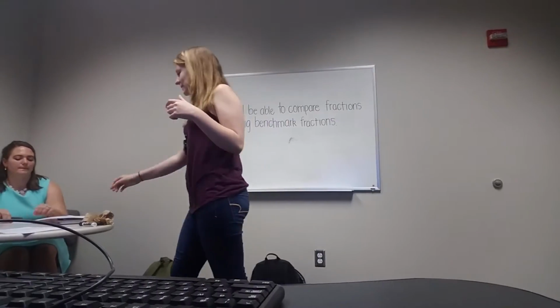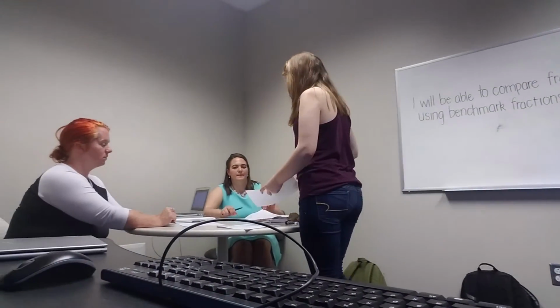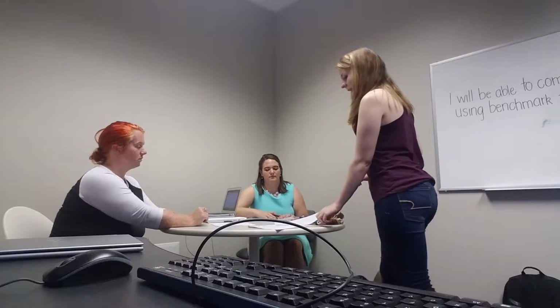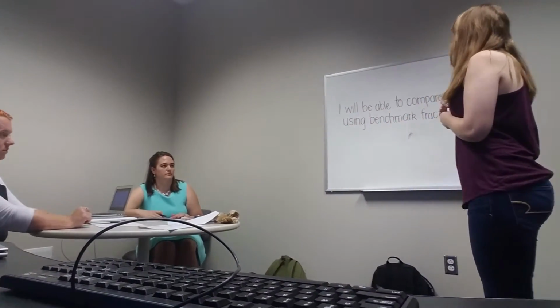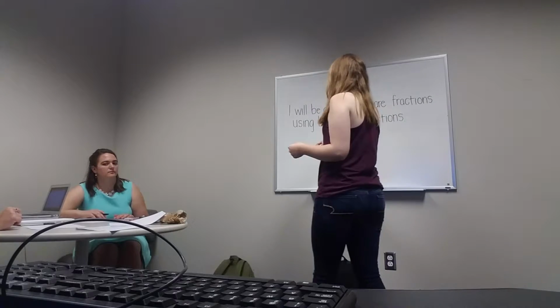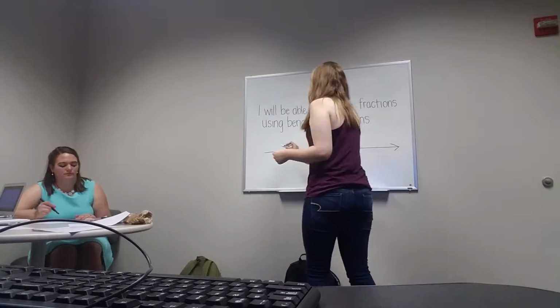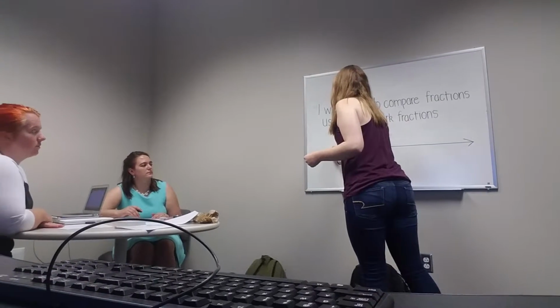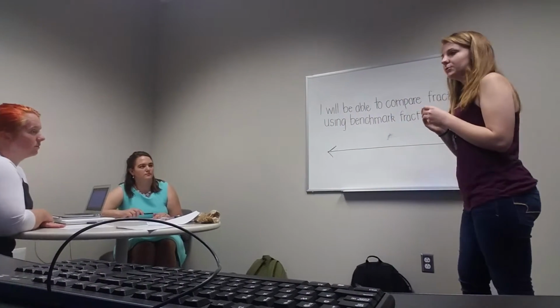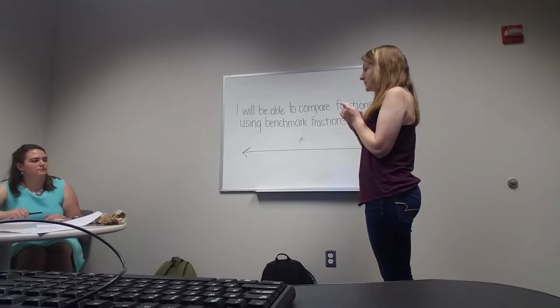So each of you has a number line right here that you're going to use. And usually I'd use the document camera, but today we're going to use the whiteboard. So I have a number line up here. And now I will ask for volunteers to plot 1 and 0 on here.